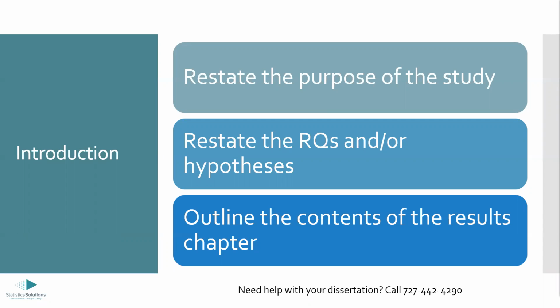This can either be a verbatim restatement or it can be an abbreviated version of your problem or purpose statement. You'll also want to restate your research questions and hypotheses, and these should be stated verbatim. So every time the research questions and hypotheses appear in your paper, they should be stated the exact same way and have the exact same wording every time.